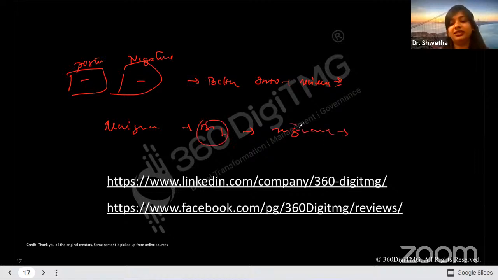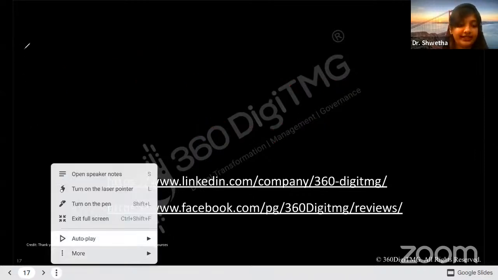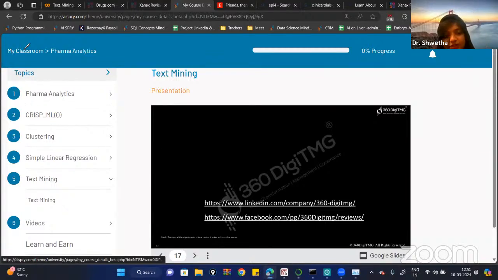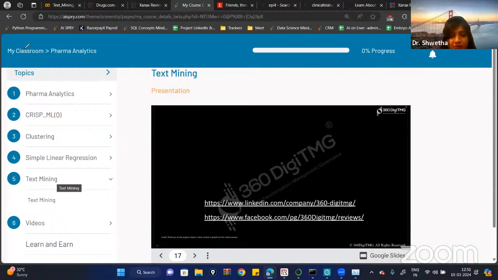But taking these gives better clarity on what the text is all about, or what is the context of the text. So this is how you can apply text mining techniques to extract the data and then pre-process it and get the reviews.